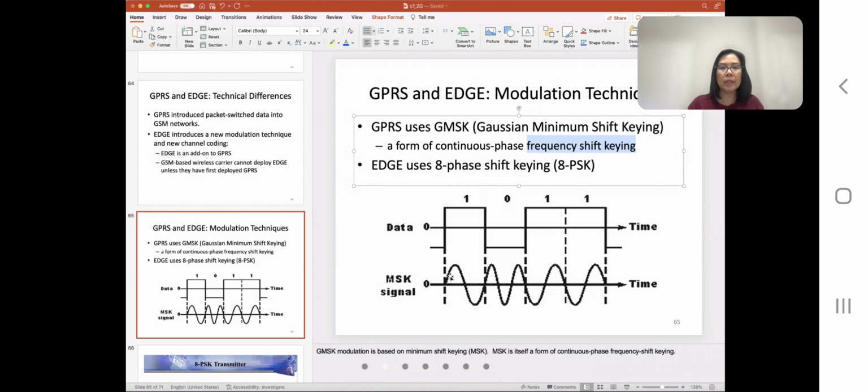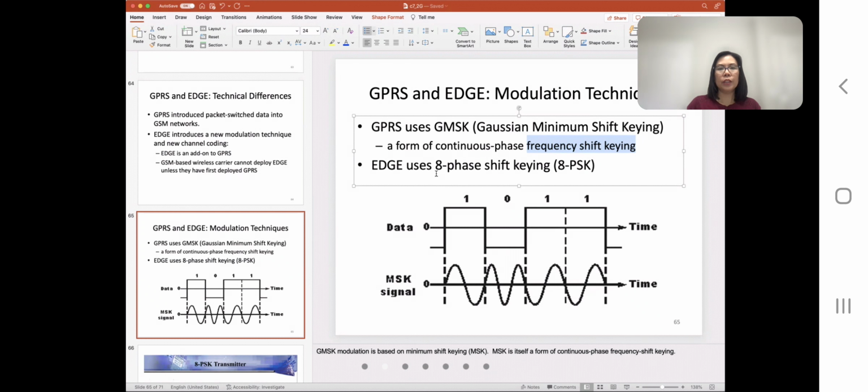Bit 1 is represented by this frequency, and bit 0 is represented by a different frequency. So you have 2 different frequencies, and each frequency represents a 1 or 0. That is GPRS. It uses frequency shift keying.